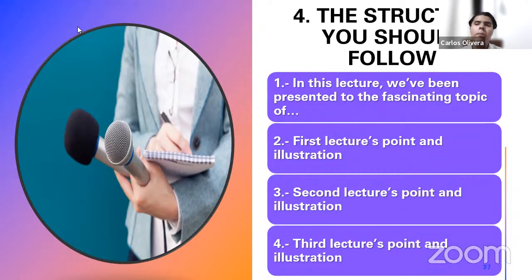Or if the professor, in a very unlikely but possible case, delivers four different ideas and offers four illustrations, include them all. The concept is there. Talk about the lecture's point and the illustration that accompanies it.